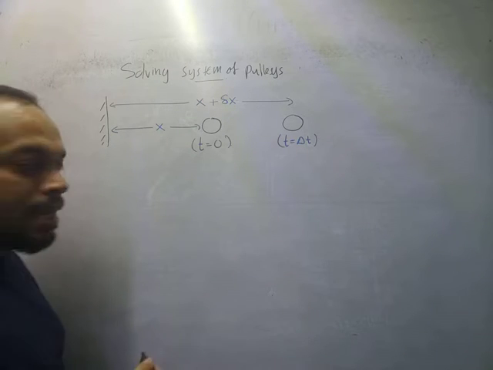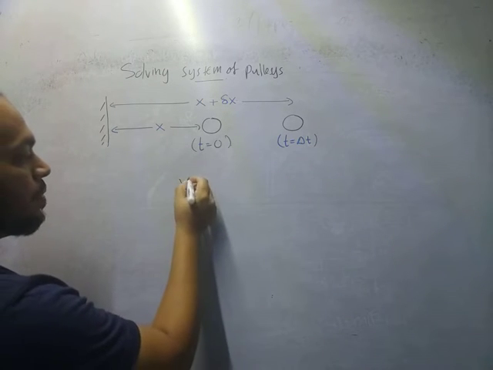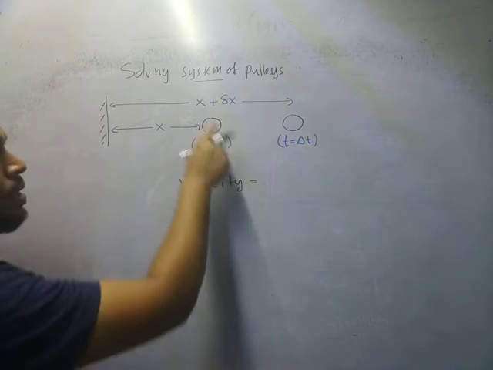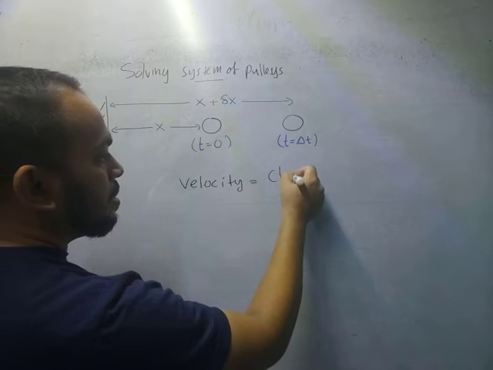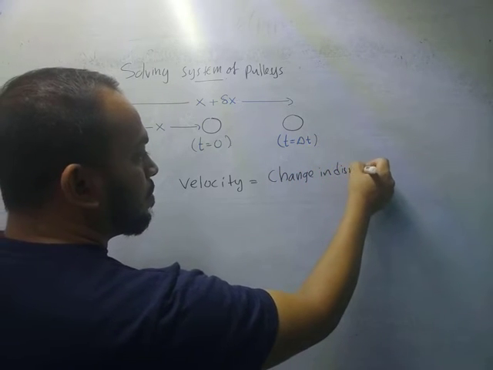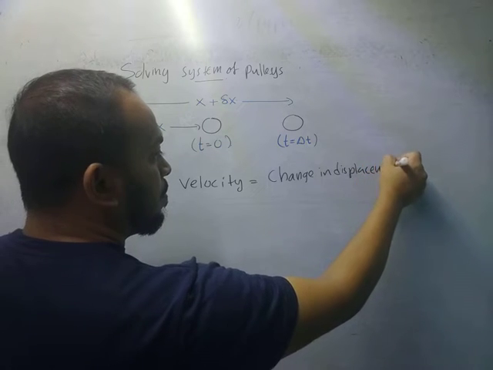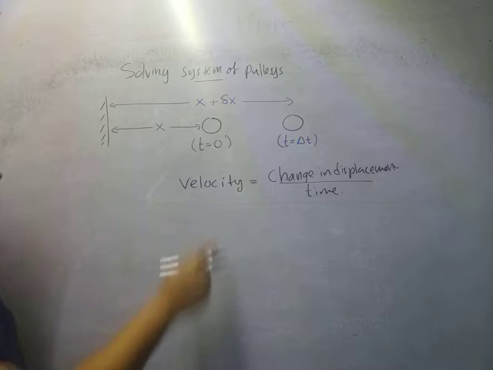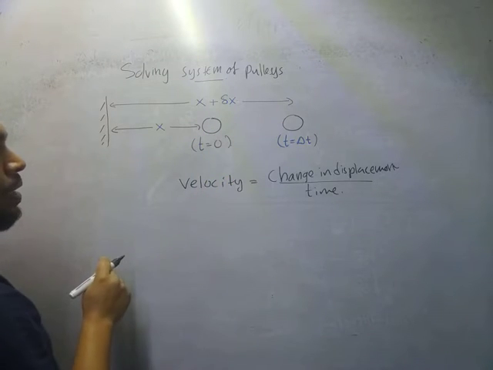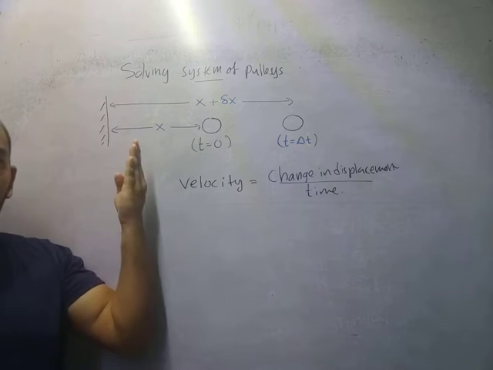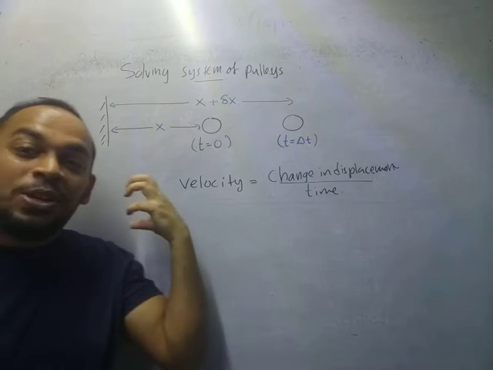Velocity of a particle is defined as change in displacement divided by time, right? We have a particle here, and we measure the displacement with respect to a fixed point, or with respect to Earth.